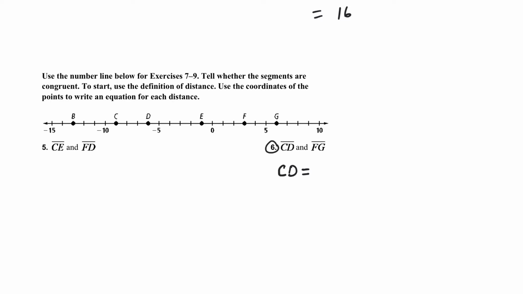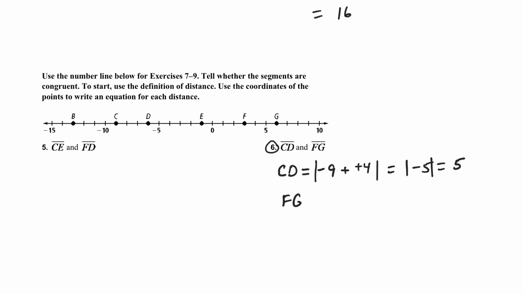So we know that C is going to be the absolute value of negative 9, and D will be minus a negative 4. So that's a positive. So it's the absolute value of negative 5. In this case, the absolute value of negative 5 is 5.